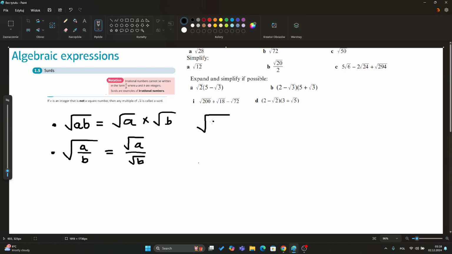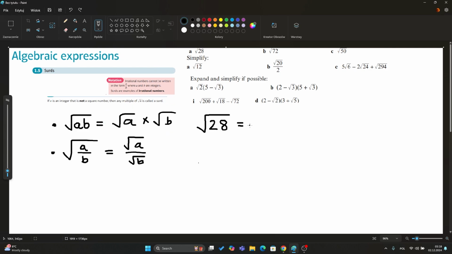We're going to start with the square root of 28. Basically, what we want to achieve from the product rule over here is that we want two other square roots to be multiplied together.